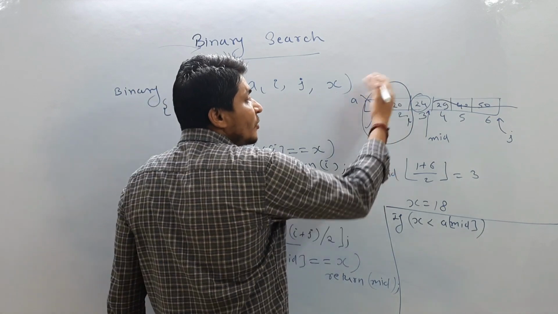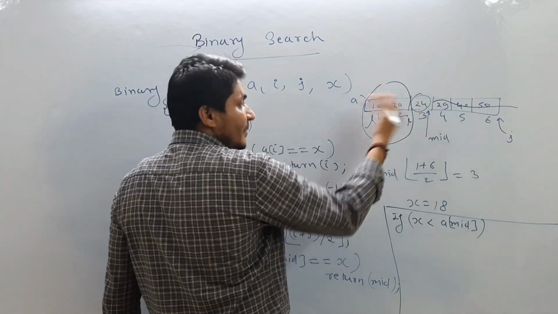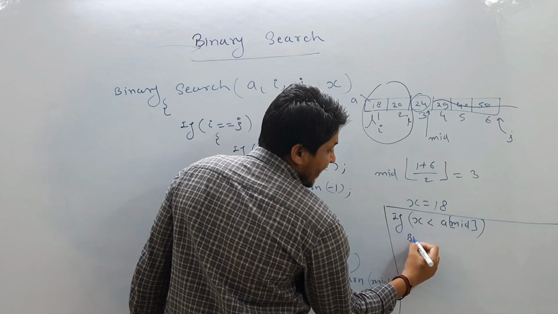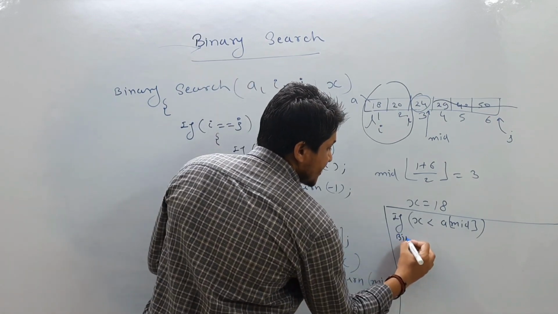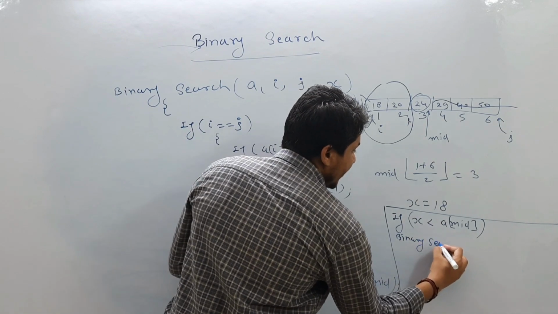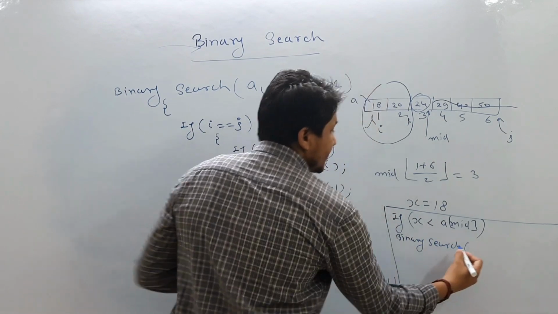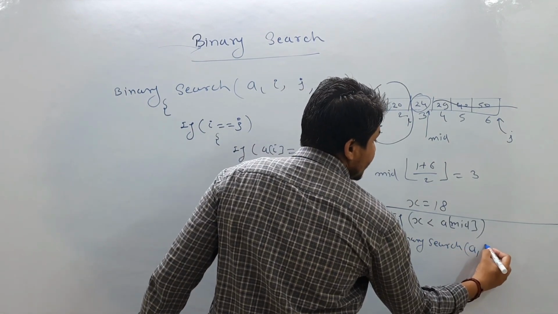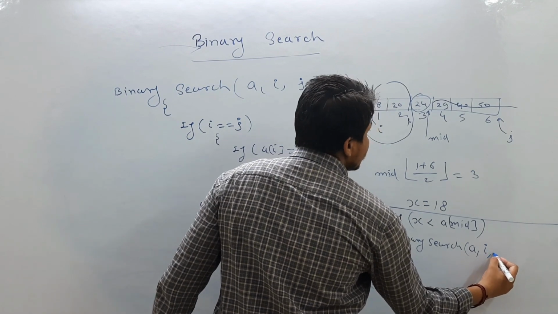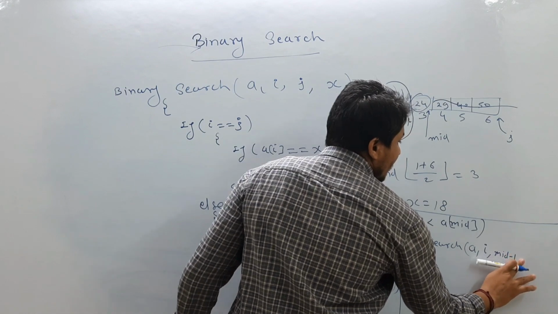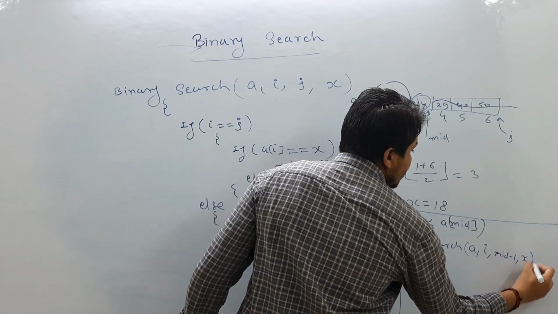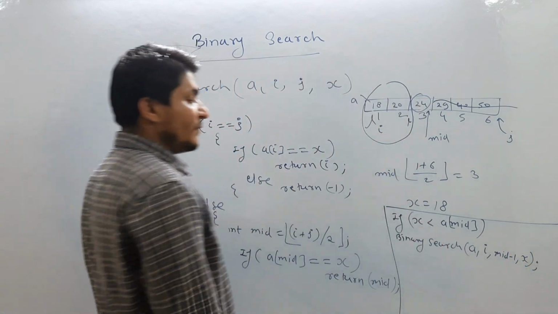Then you are going to apply binary search on the left hand side. So binary search on the left hand side: a is your array, i is your index value, and j is mid minus 1, because your problem reduces to mid minus 1, and x is the value which you are looking for.